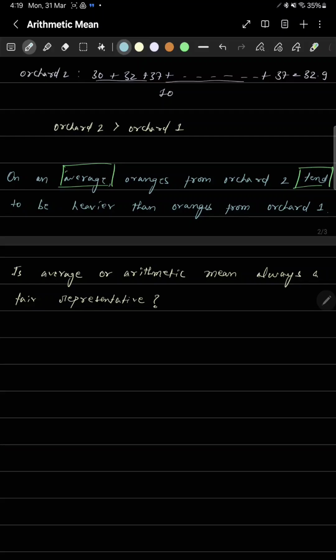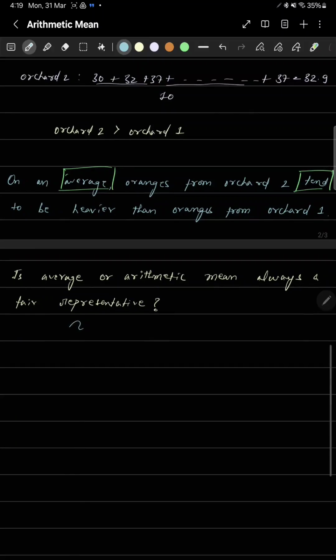So let's say we have a set of numbers 10 plus 9 plus 11 plus 8 plus 10, and these are 5 numbers. Total is 48. Divided by 5, we get 9.6, right?